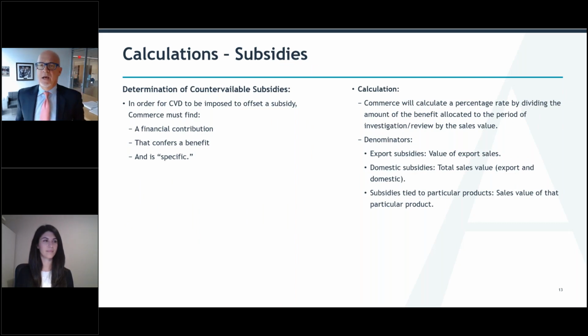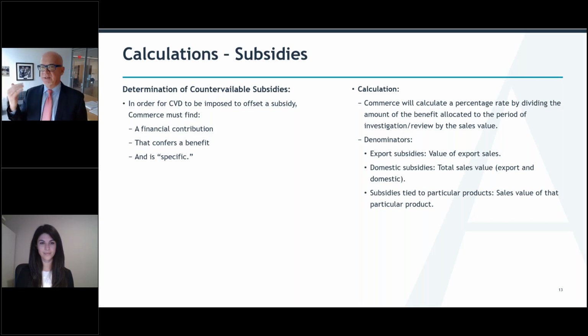Subsidies. Countervailing duty cases address subsidization, but they don't address all kinds of subsidization. The quick and dirty explanation, taking off the legal elements, is: is there a financial contribution from a government that confers a benefit, and is that benefit specific?